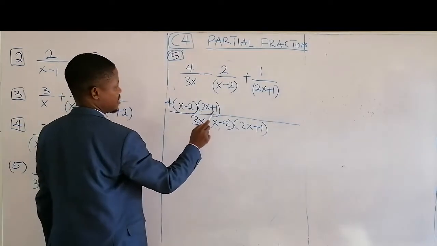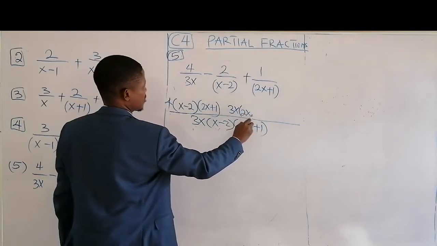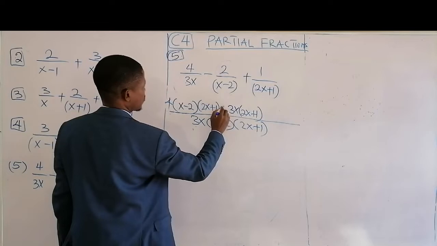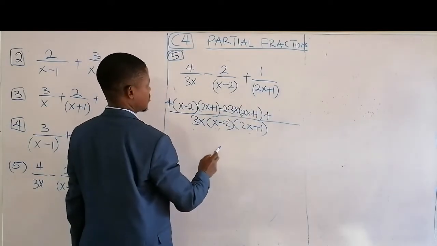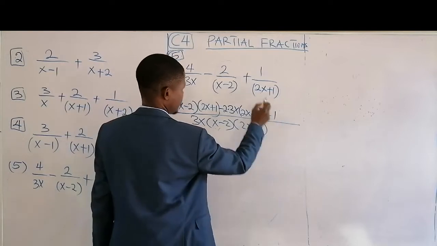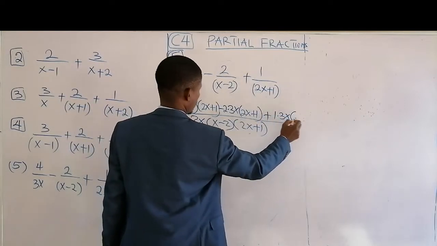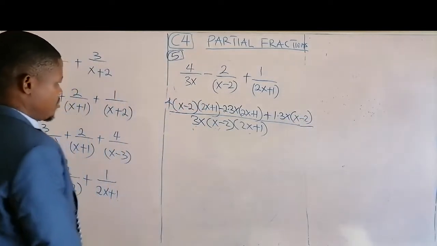Okay, so we now have, it remains what? 3x times what? 2x plus 1 times the, so that's a minus 2 times this. 2x plus 1 is here, so it cancels out. So that will be 1, the numerator, times 3x into bracket x minus 2. Let me quickly recap that.